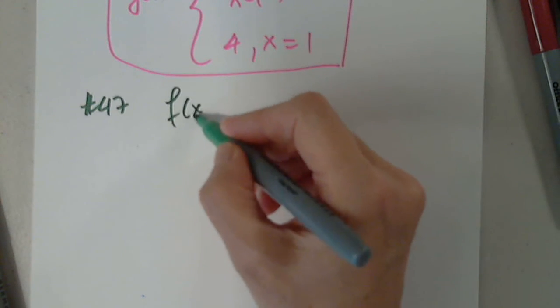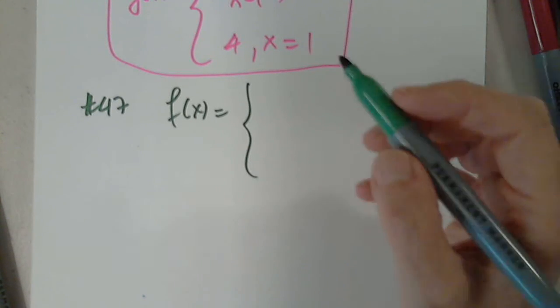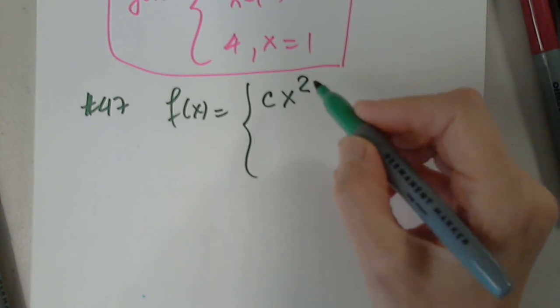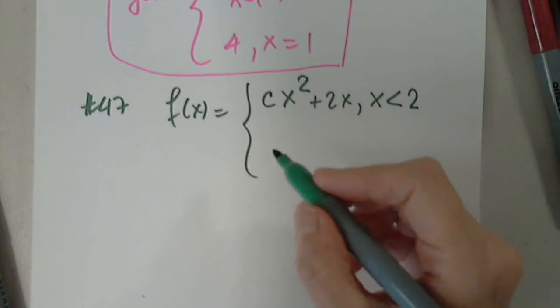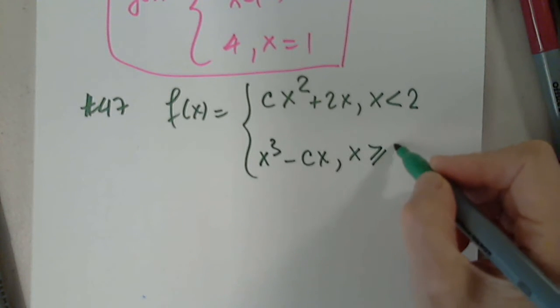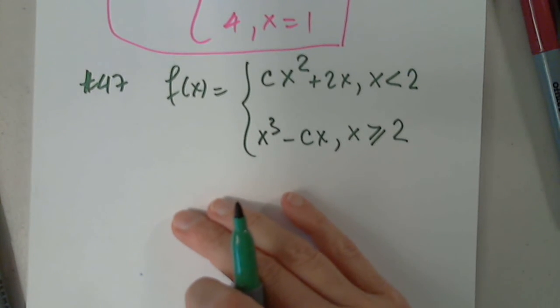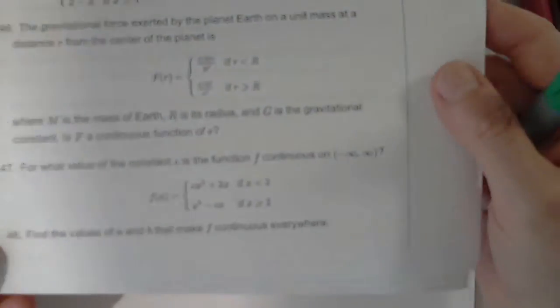So we have f of x, and it's given to us as a piecewise defined function, cx squared plus 2x for x less than 2, and x cubed minus cx for x greater than or equal to 2. So it's a piecewise defined function, and let's read the requirements or the question.